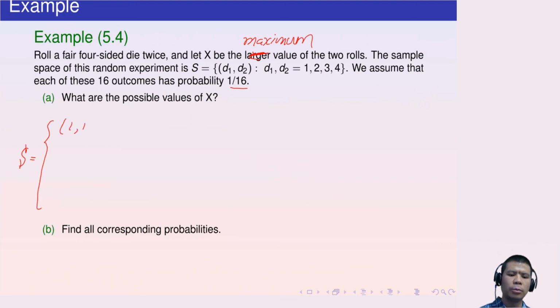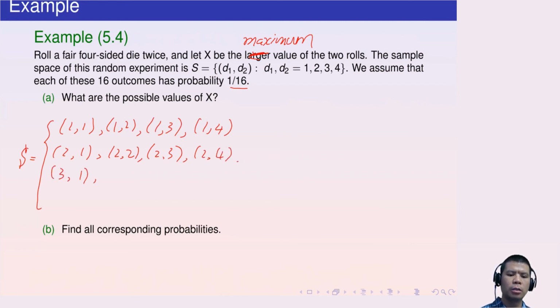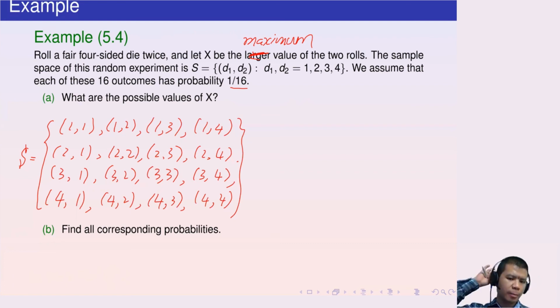It's 1,1; 1,2; 1,3; 1,4; 2,1; 2,2; 2,3; 2,4; and 3,1; 3,2; 3,3; 3,4; 4,1; 4,2; 4,3; finally 4,4. So this is our sample space.